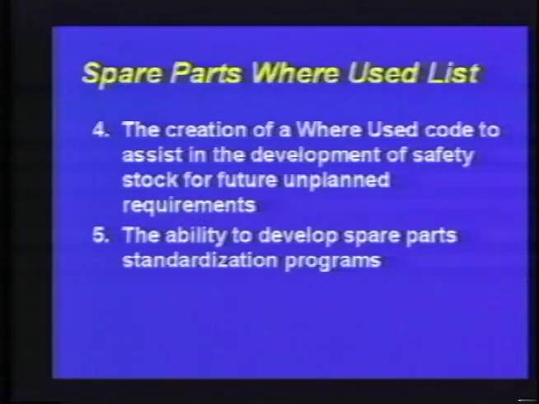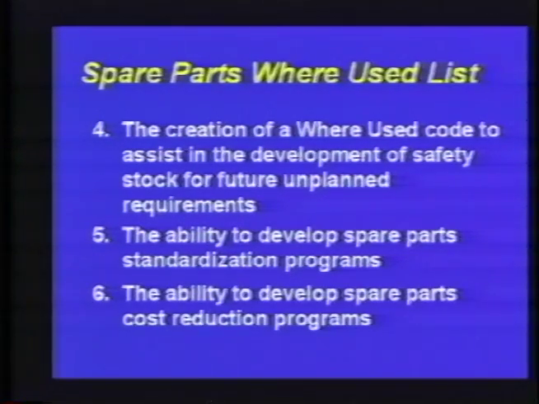The ability to develop spare part standardization programs is also a byproduct of the where used listing. And the last is the ability to develop spare parts cost reduction programs.